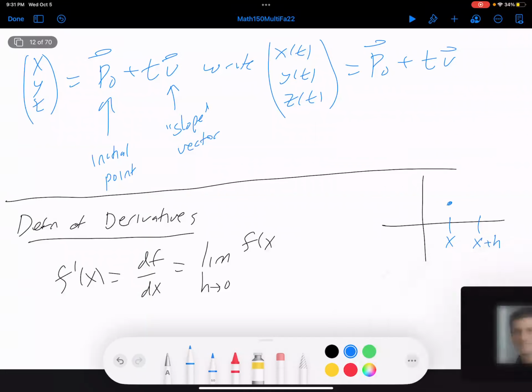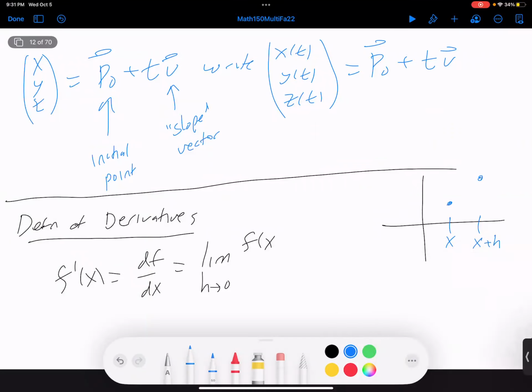And so let's say, here's my function. It's f of x plus h minus f of x, divided by h. Because if you look at this, here is h.